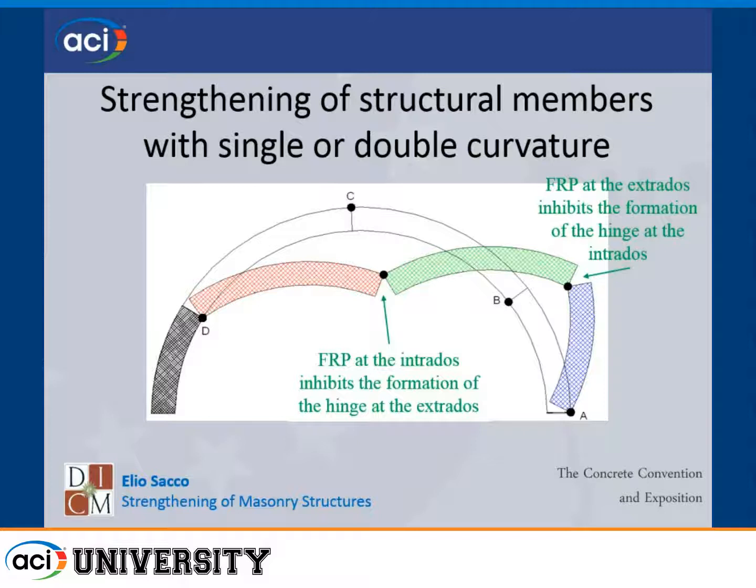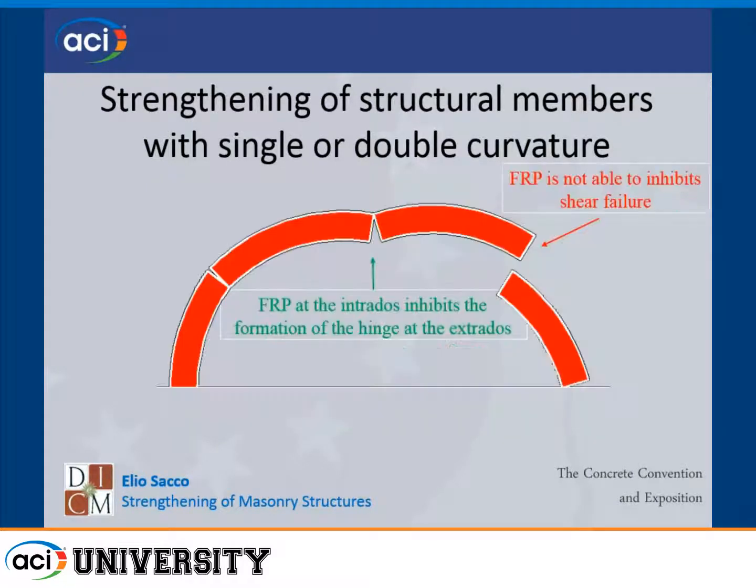It is not preferred to apply FRP on the wall surface, internal or external, and also to both surfaces. Another point is that the application of FRP can inhibit the formation of the flexural hinges, but is not able to overcome the failure due to the shear. So in this case of collapse, FRP is ineffective.